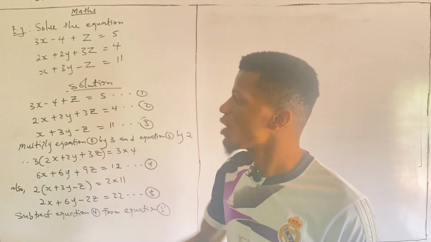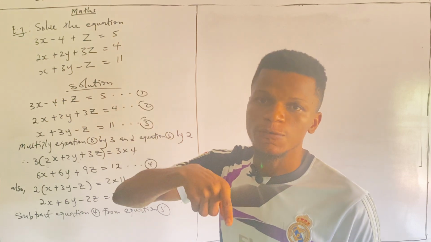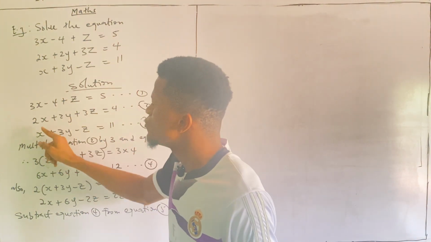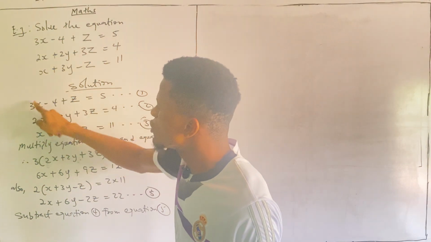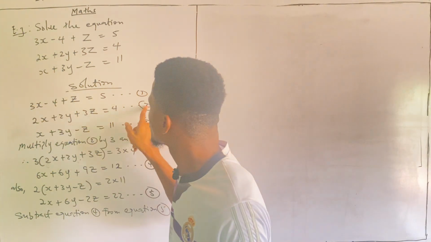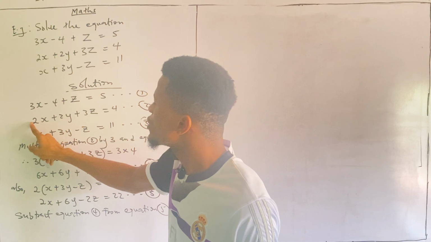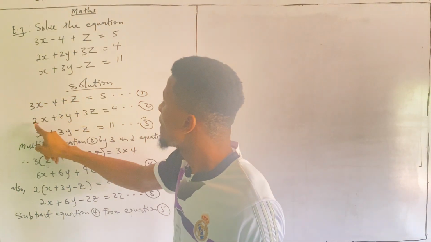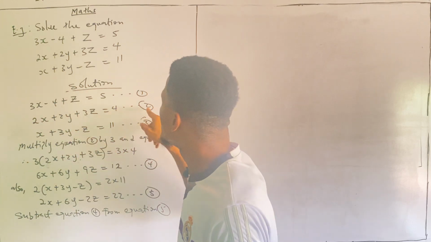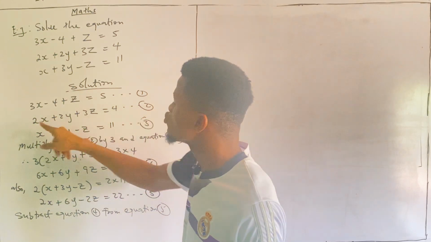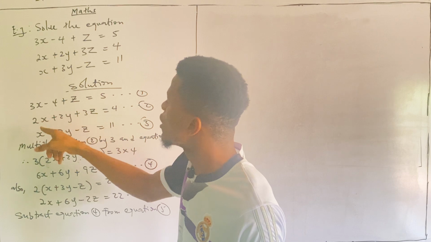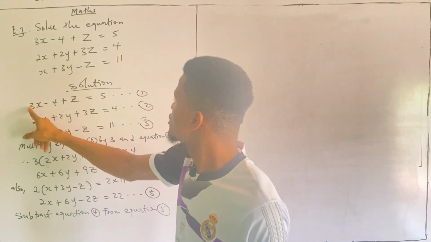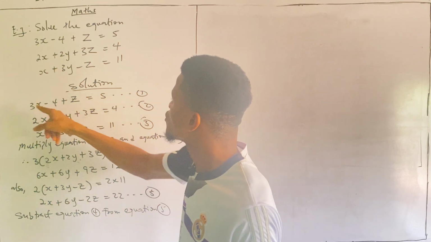What I'm trying to say is that we have to eliminate one unknown. For instance, if you want to eliminate x here, in these 2 equations, I will multiply equation 2 by 3, because x in equation 1 is 3, and I'll multiply equation 1 by 2, because x in equation 2 is 2.